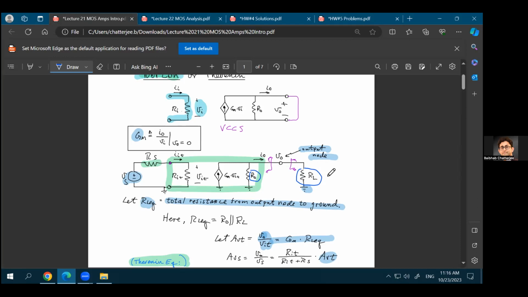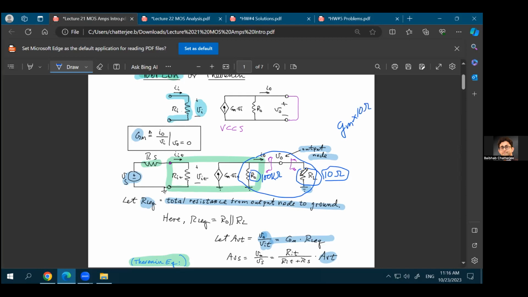So if this RL is very small, let's just say it is 10 ohms, it does not matter if your RO is 100 kilo ohms. The parallel combination of 100 kilo ohm and 10 ohm will be a very small resistance, which is about 10 ohms. Now, what would be the gain of the entire system? That will be GM multiplied with the equivalent resistance that you see at the output, which will be a parallel combination of this RO and RL. So GM multiplied with 10 ohms, that would become your gain.